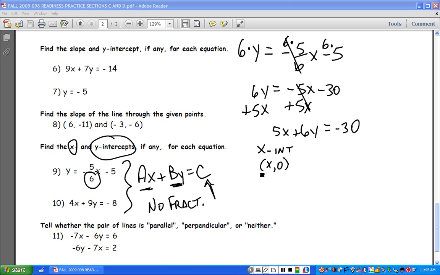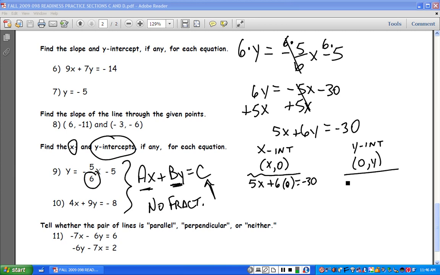At this time, I find my x-intercept by making y 0. So if y is 0, I'm really looking at 5x plus 6 times 0 equals negative 30. And then for my y-intercept, x will be 0, so I can find a y.